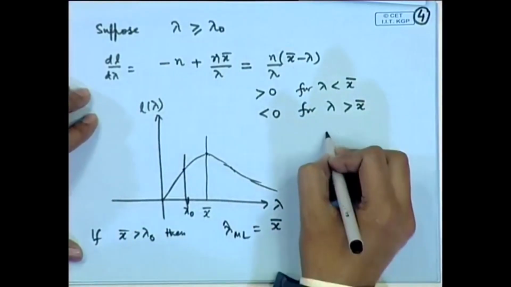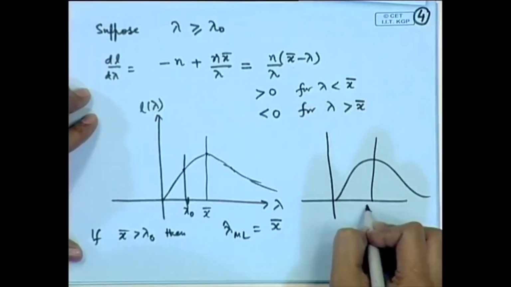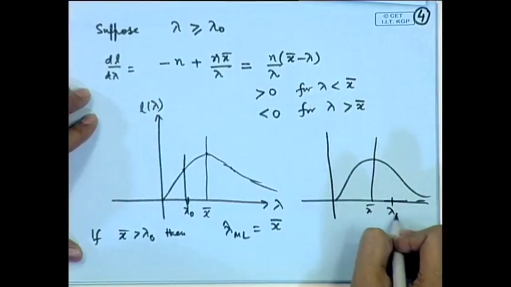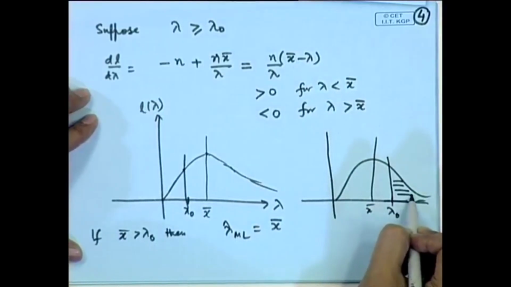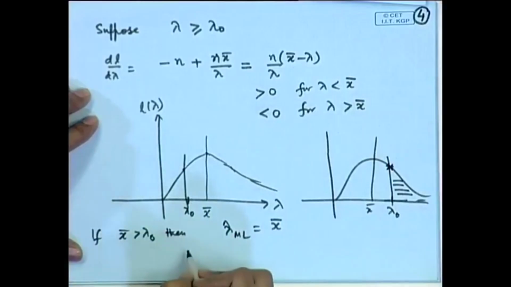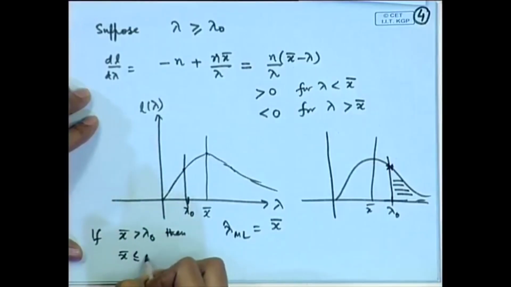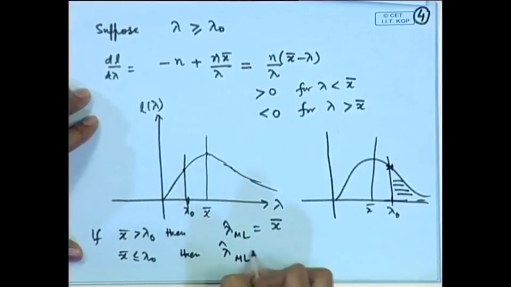However, we may have a situation where this is x bar and lambda naught is here. In that case, you see the parameter space is this. That means the maximum value that is occurring is actually at lambda naught. That means, if x bar is less than or equal to lambda naught, then lambda hat ML is equal to lambda naught.